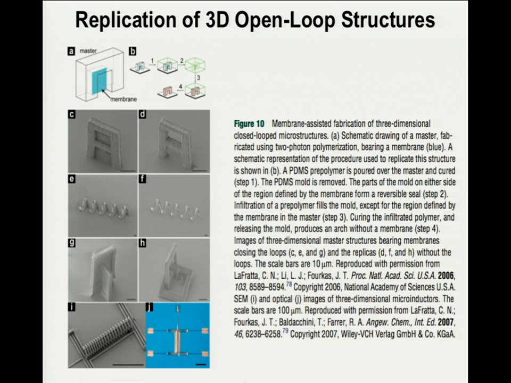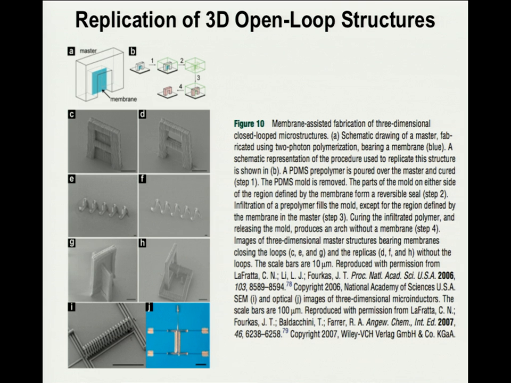Now the key is if you make this structure with this membrane in between, because you can't replicate something that has an interlocked structure, because you'll never free the final structure from the master if it's got this hole in it. So what you do instead is you create the stamp that's separated by this little membrane.